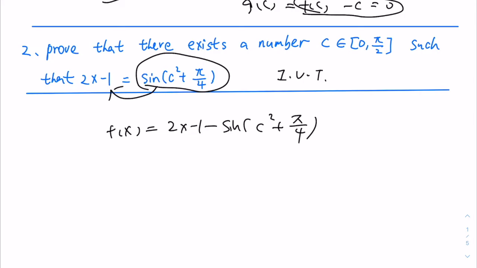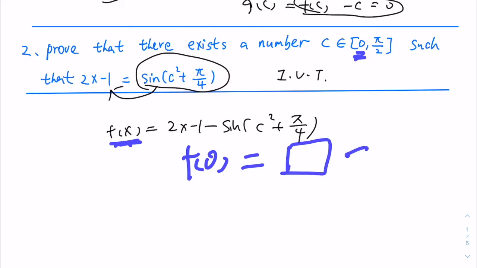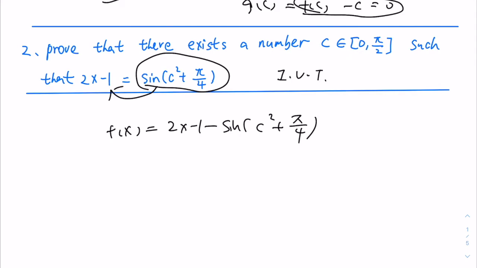So similar to the last question, we check the two boundary points. So let's see, for this function, plug in x equal to 0. So f of 0 is something, and then you have to check if it is positive or negative. Then similarly, we check the other point, f of pi over 2, and check whether it is positive or negative.